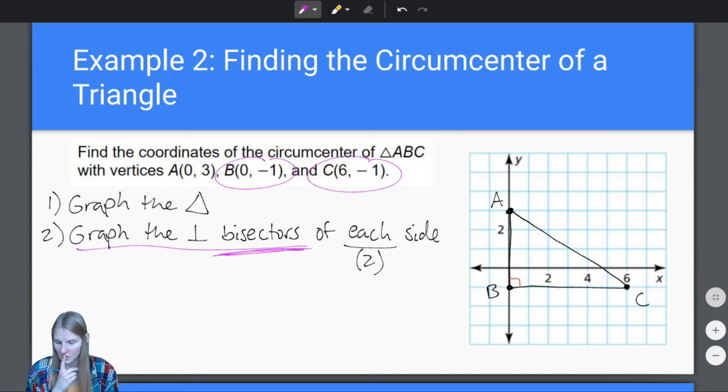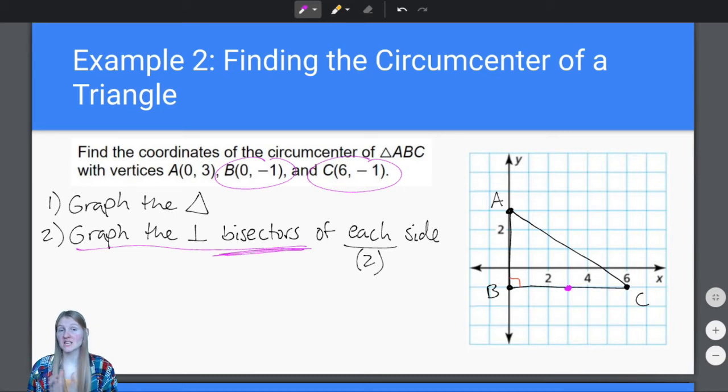Or we can just count the boxes. There's 1, 2, 3, 4, 5, 6. Half of 6 is 3. So there should be 3 boxes on this side, 3 boxes on this side. Boom. There's the midpoint. Speed strats. Okay.